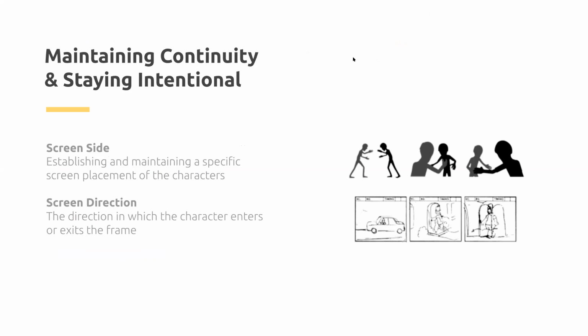So maintaining continuity and staying intentional. This is really important if you have a story that is coming from different angles with different characters, if you want to have movement, but you don't want to confuse your viewer. To summarize these ideas briefly, if you can, you want to dedicate a side of the screen to certain characters or elements to allow your viewers to follow more easily.